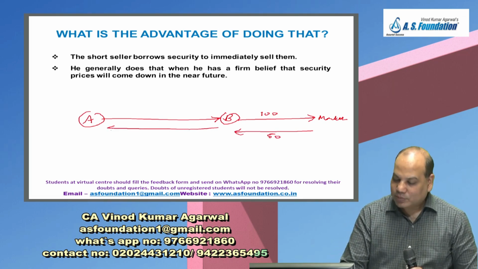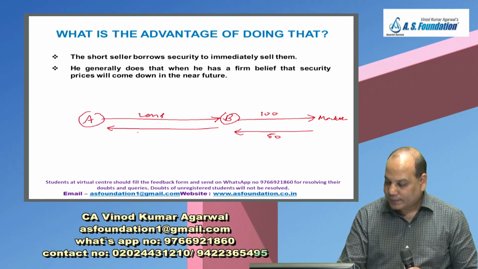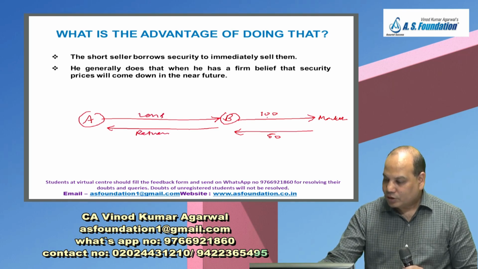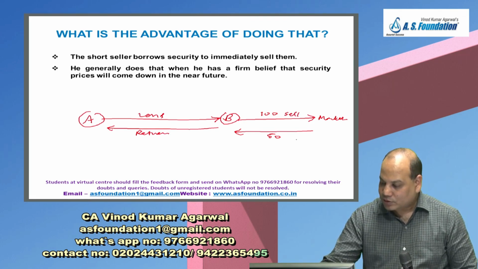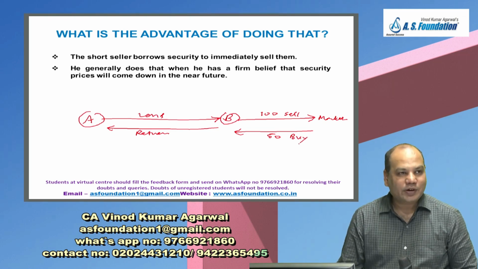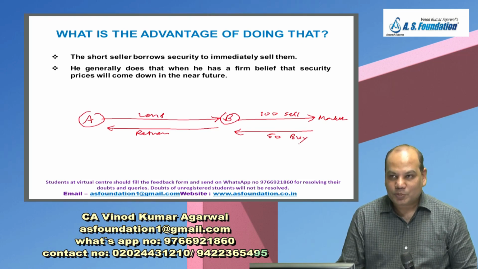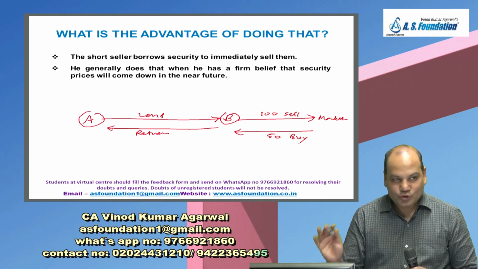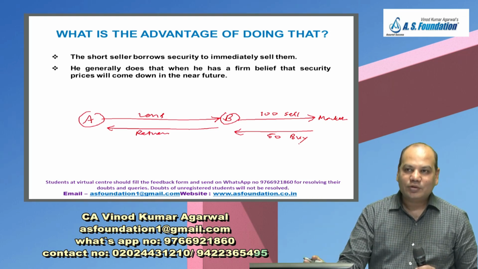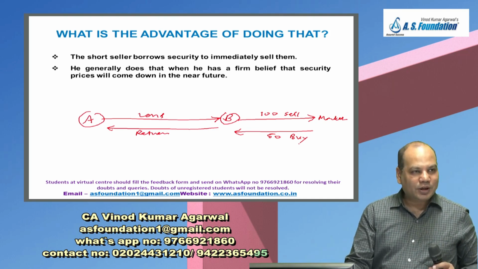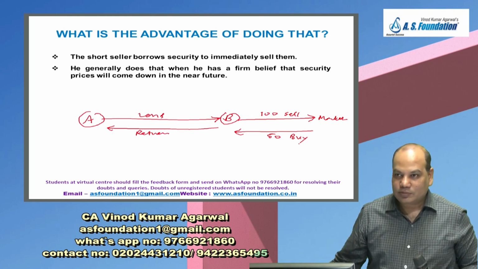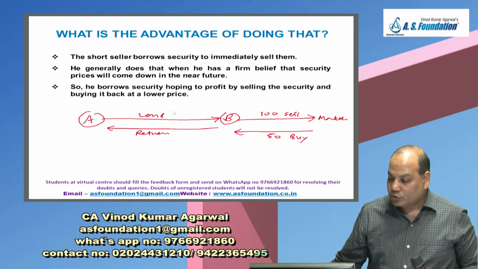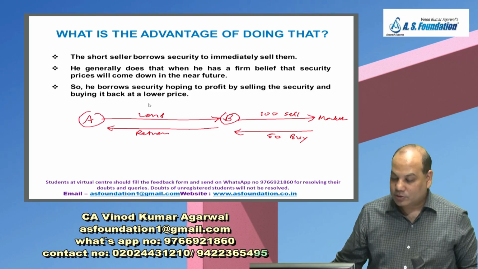He will return the share back to A. 100 minus 50. 100 is the price at which he sells. 50 is the price at which he buys. 50 rupees profit minus any stock lending charges, interest, commission, guarantee commission, etc. So that net profit will still be very high. So he borrows security hoping to profit by selling the security and buying it back at a lower price.